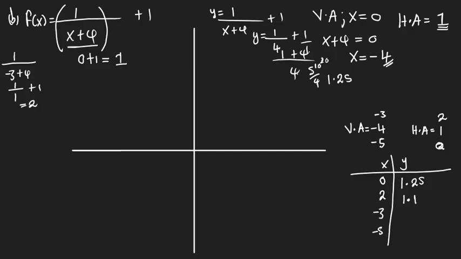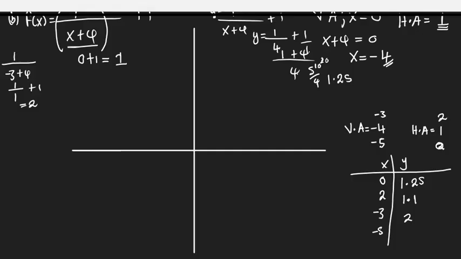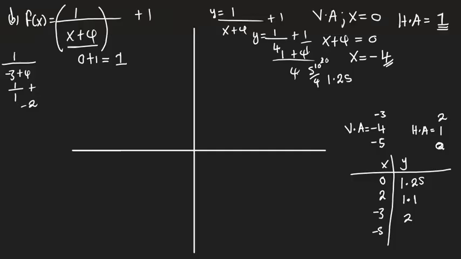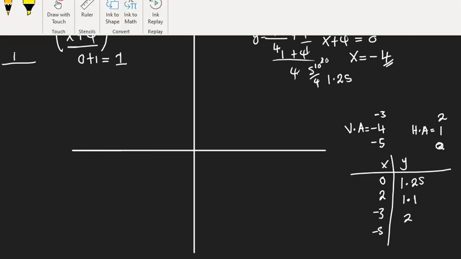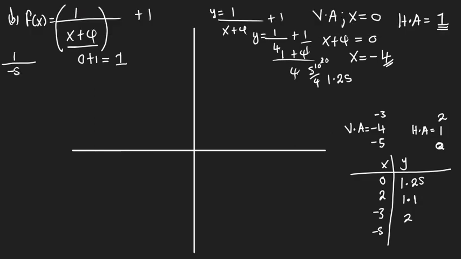So if you put -3, you are going to get a 2 there. How about if you put -5? -5 plus 4 is -1, plus 1. So this is going to give us a 0. So you're going to have a 0 here.